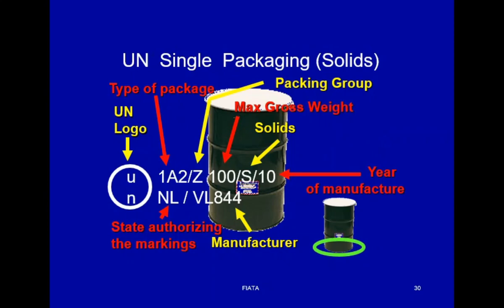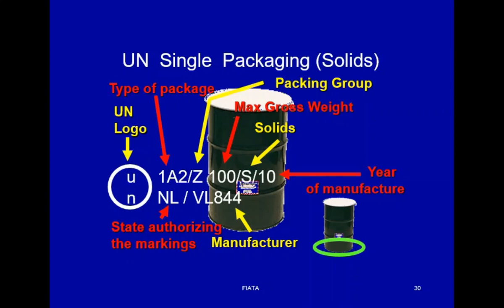This slide shows UN single packaging, that is for solids. This is a barrel, a steel drum in black color with a lid at the top, and this is one of the packages that are used to transport dangerous goods, and in this way it would have a solid in it.